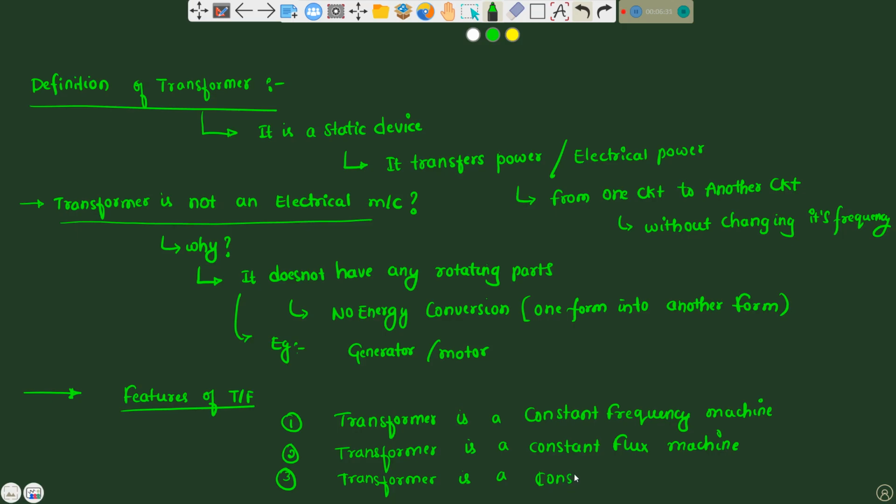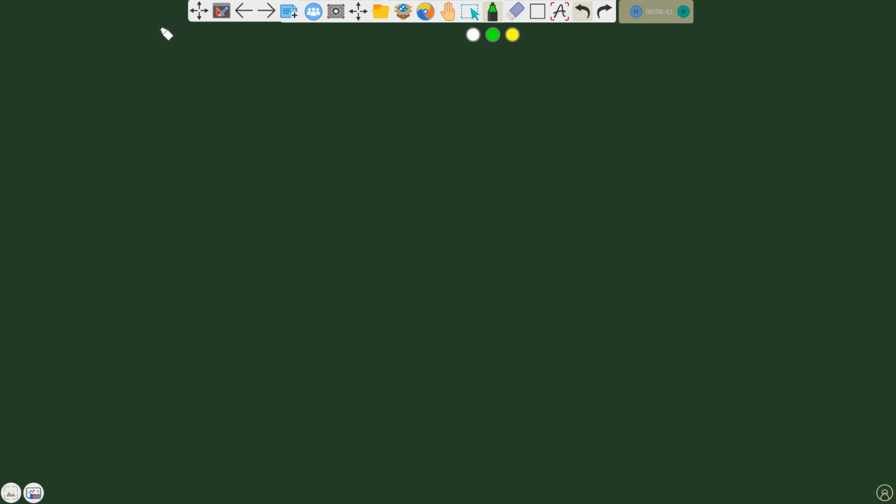The transformer is also called a constant power machine. Further, the transformer is an electromagnetic energy conversion device if the internal conversion process is considered, only internal conversion.